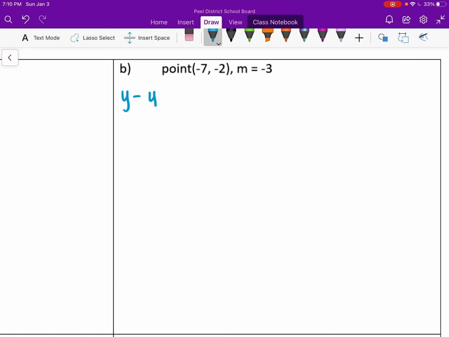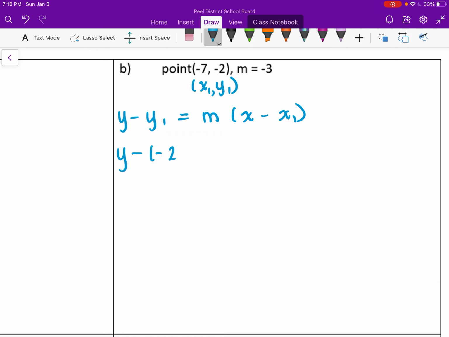And again, we're starting this off with, this is my x1, this is my y1, right? Y minus y1 equals m, x minus x1, and I'm just going to start subbing stuff in. So I'm going to do y minus -2.